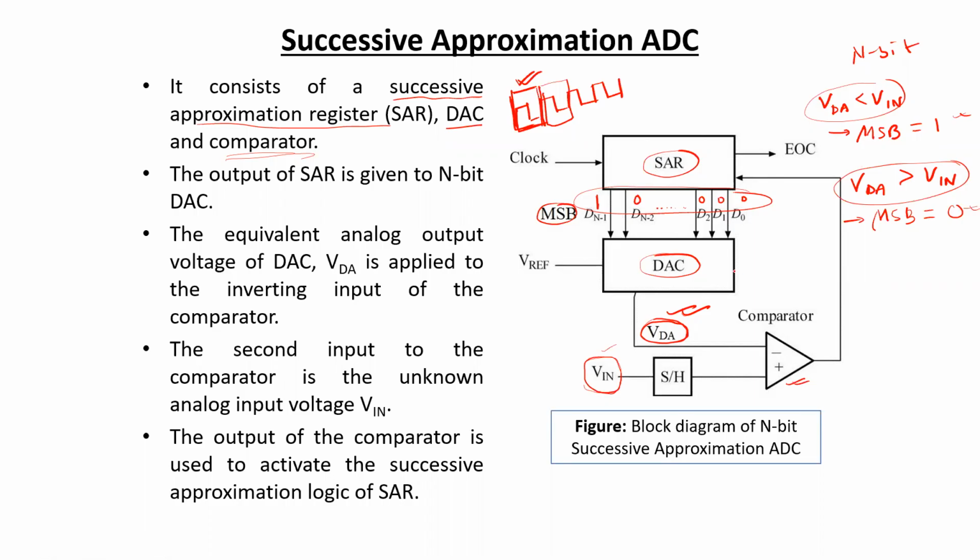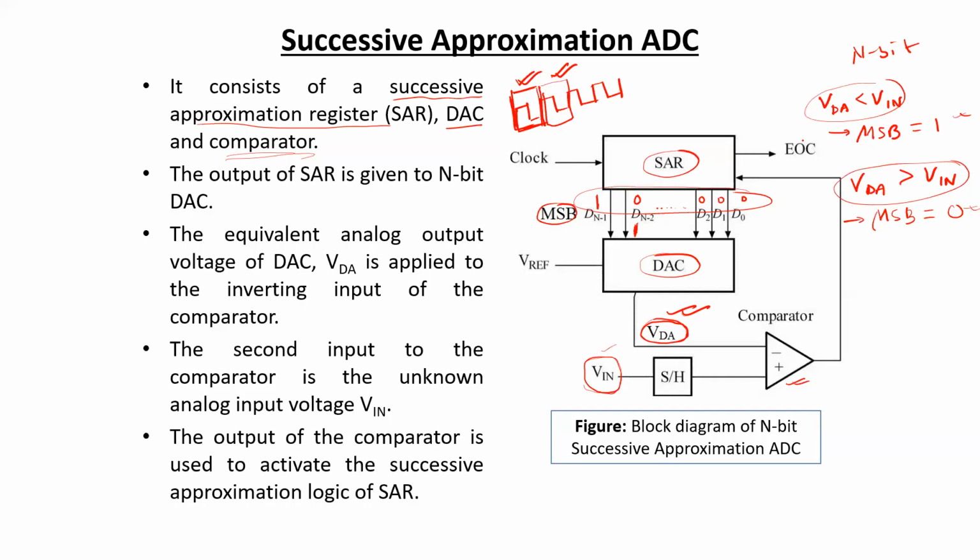then in the next clock cycle, the SAR will shift to the next bit, set this next bit to 1, and check whether it should be kept at 1 or cleared to 0. In this way, successively, it will check all the remaining bits up to the LSB, and at each cycle the decision for that particular bit is taken.